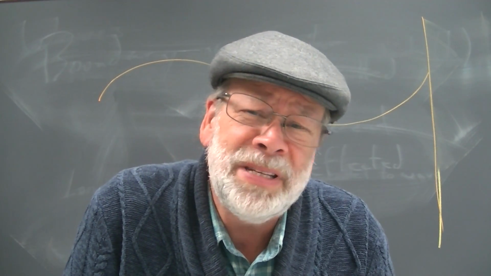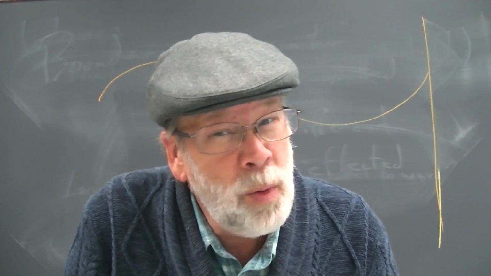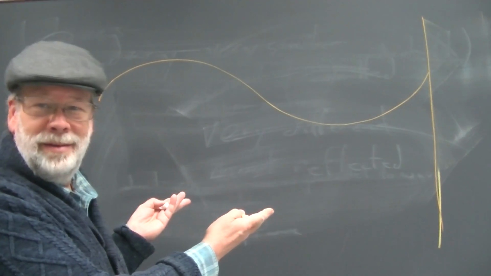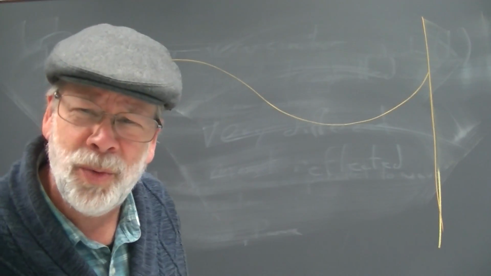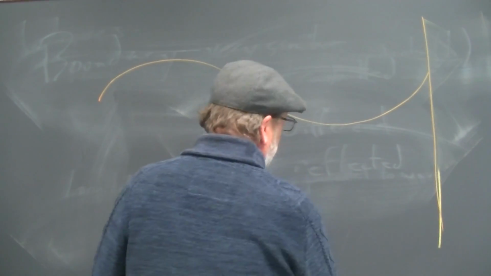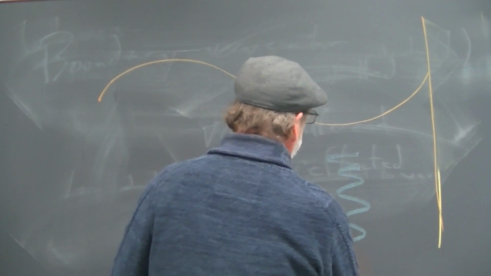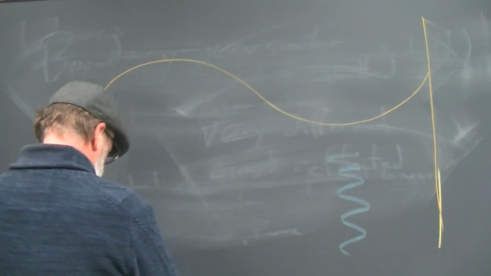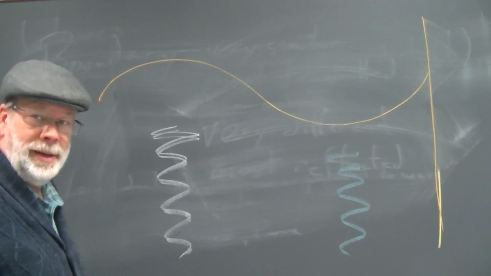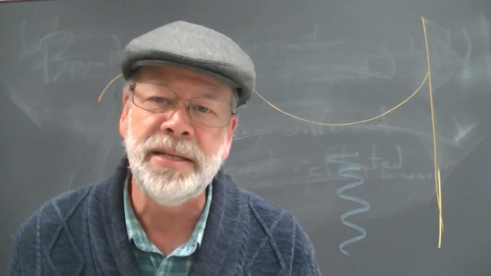I'm really trying to draw a sound wave, but sound waves are compressional waves. So I'm trying to draw that with a transverse wave. Why? Well, imagine this would be an area of rarefaction, and this would be an area of compression. It's very hard to draw those things and make sense out of it.